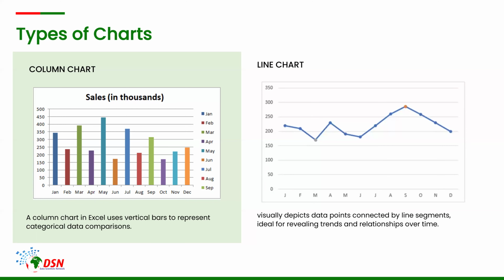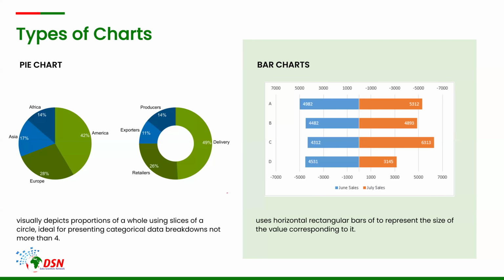So the next one is the pie chart. The pie chart uses slices of a circle to represent data. I said it visually depicts the proportion of a whole using slices of a circle, ideal for representing categorical data.